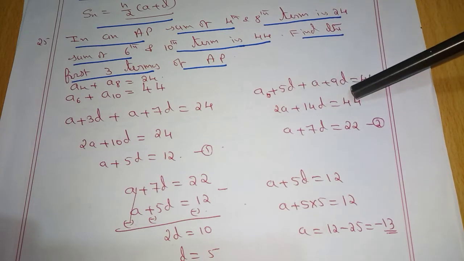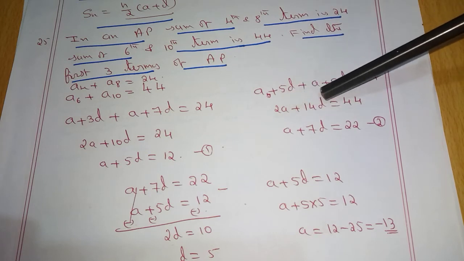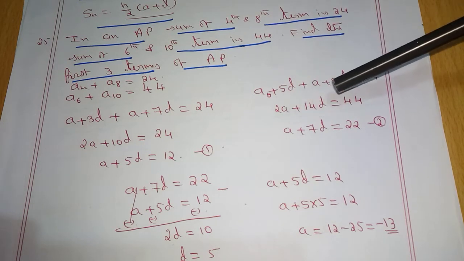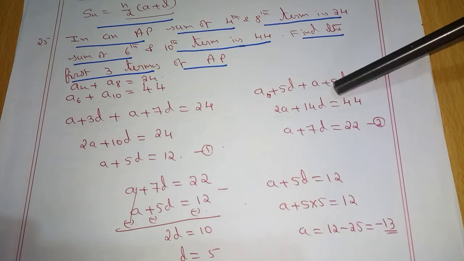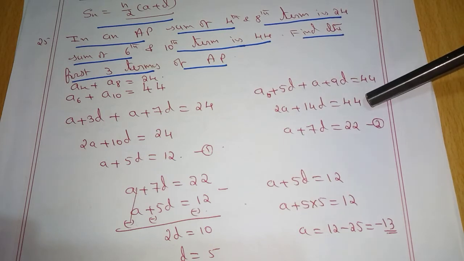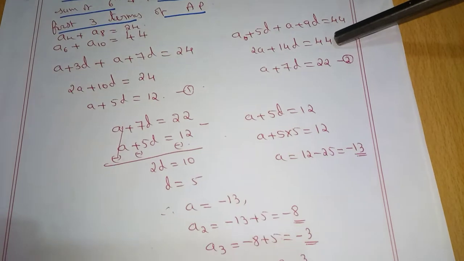Again, the common factor is 2. Let us divide all the terms by 2. What do we get? A plus 7D is equal to 22. Take it as the second equation.